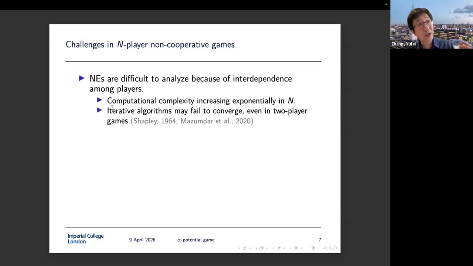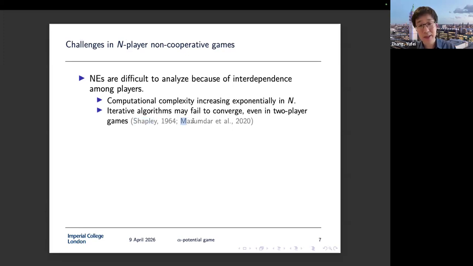In the two-player zero-sum case, you can show that such an iterative algorithm converges to a Nash equilibrium. But in the non-zero-sum, or general-sum case, even in the two-player case, there is a famous counterexample by Shapley showing that fictitious play does not converge to a Nash equilibrium. And then in the dynamic game, you can imagine that things become even more involved.